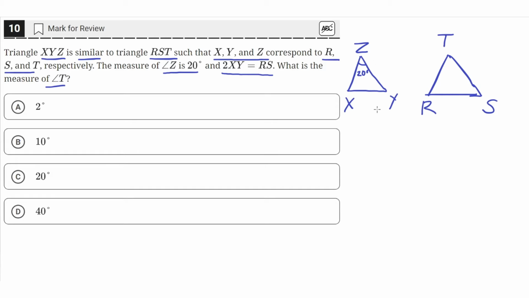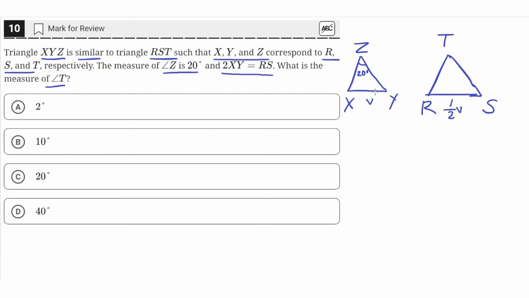So say that the distance XY is the value V, then that means the distance from R to S is 1/2 of V. Okay, and we need to find the measure of angle T.